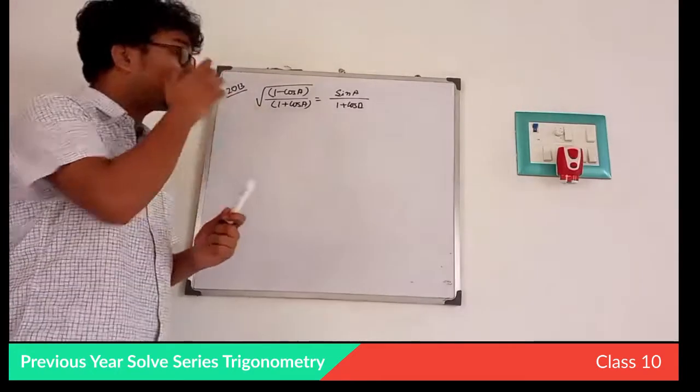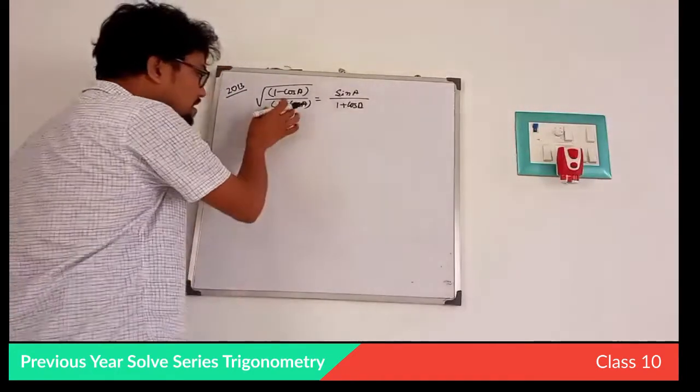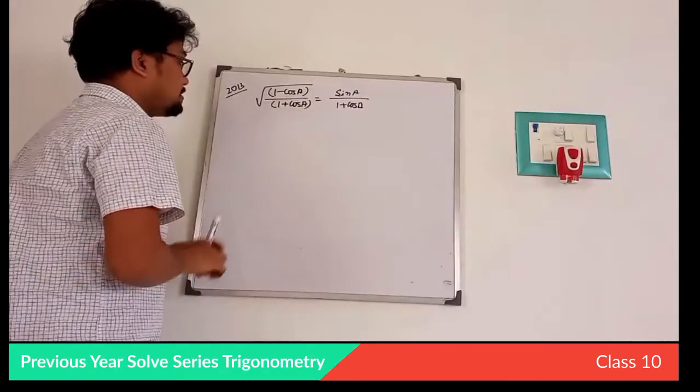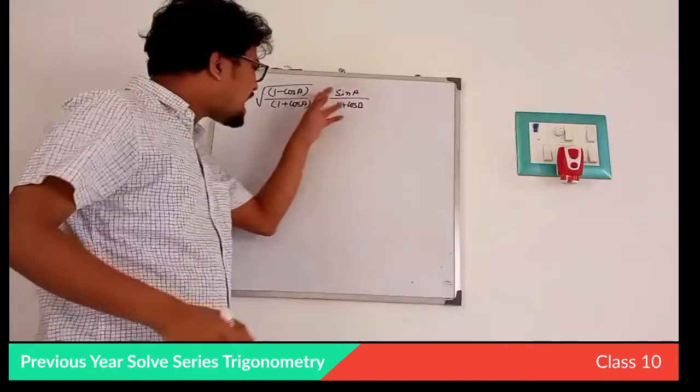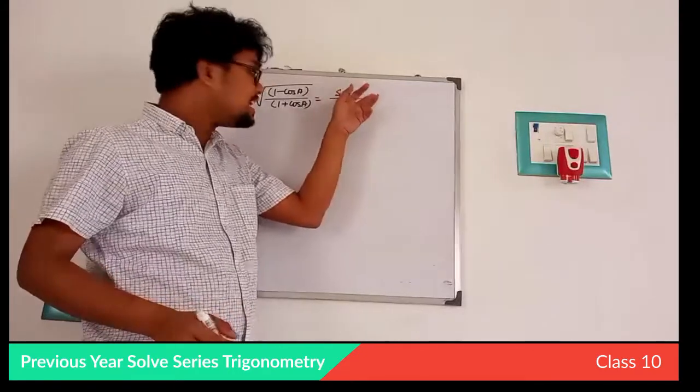So my next problem came in 2013. Here they provide us root under 1 minus cos A by 1 plus cos A, and they want sin A in the numerator.